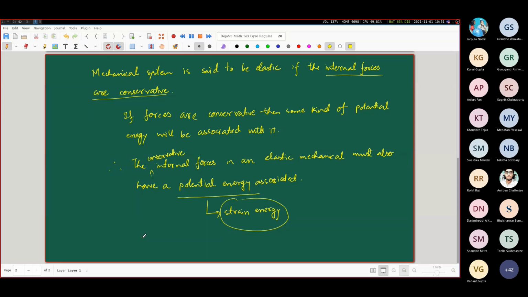Something that you have to accept on good faith is that this strain energy, which basically means the potential energy, differs from the internal energy only by an additive constant.